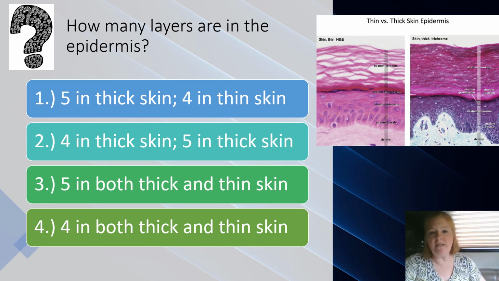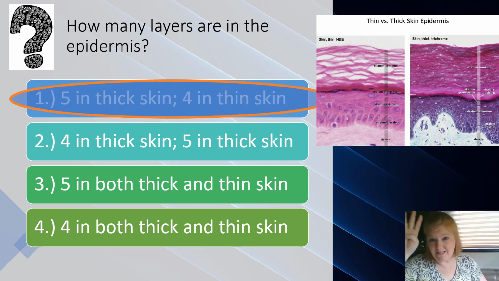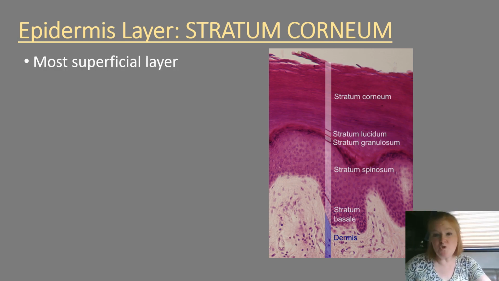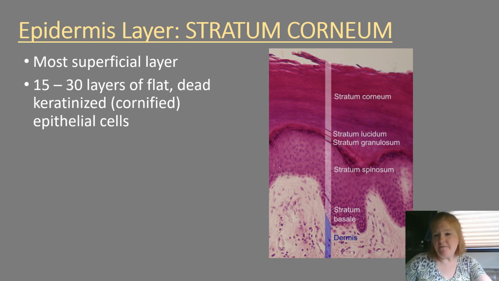All right, so how many layers are in the epidermis? You have to remember the difference between thick and thin skin. It should be 5 in thick skin, but only 4 in thin skin. The epidermis, we're going to start superficially. So stratum corneum, most superficial layer. It has about 15 to 30 layers of flat, dead, keratinized, also called cornified, epithelial cells.